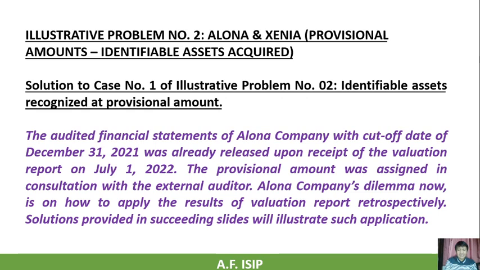Alona Company's dilemma now is on how to apply the results of valuation report retrospectively. Solutions provided in succeeding slides will illustrate such application that will solve the dilemma of Alona Company.